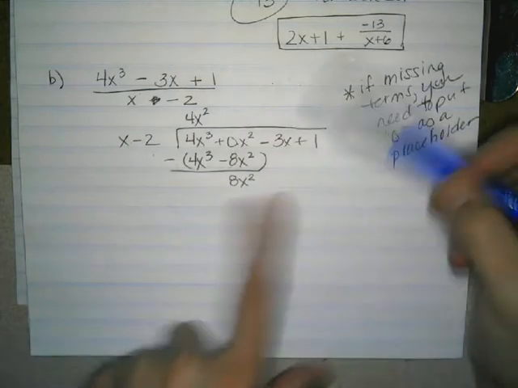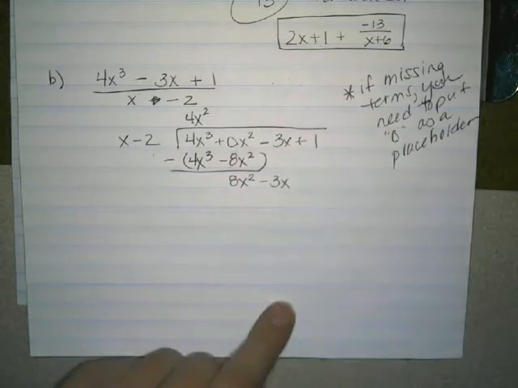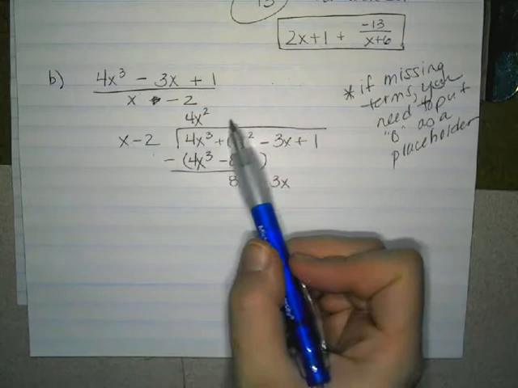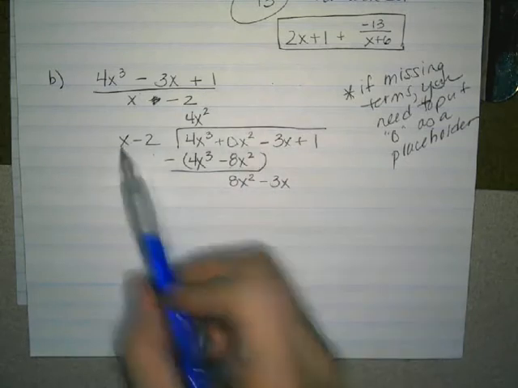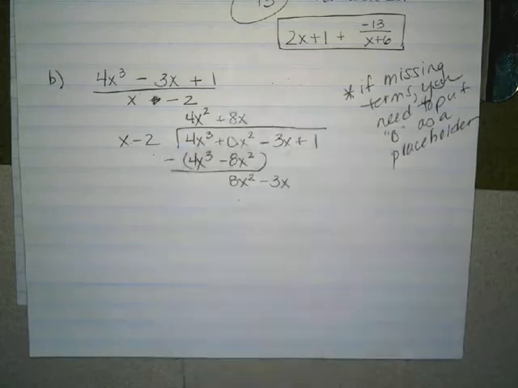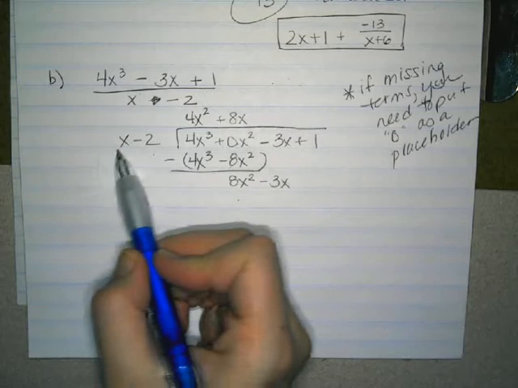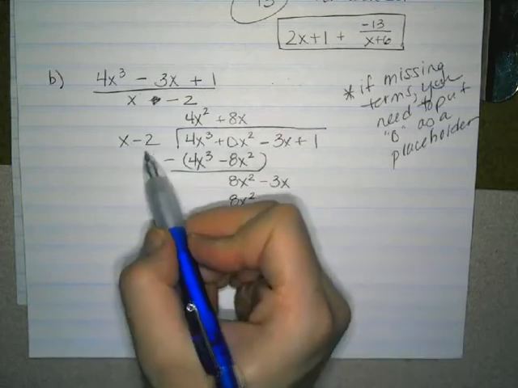And then you bring down the next term. And then you go back up to the top. Ask yourself the question, what times x gives you 8x squared? The answer to that would be 8x. 8x times x gives you 8x squared. And you can't forget about that negative 2.